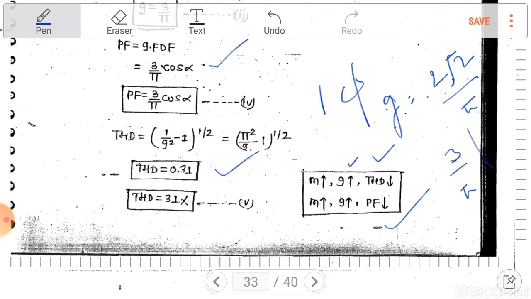So distortion factor increases, and THD in single phase was 48% and here it is 31%. So total harmonic distortion is reduced as the pulse number increases.